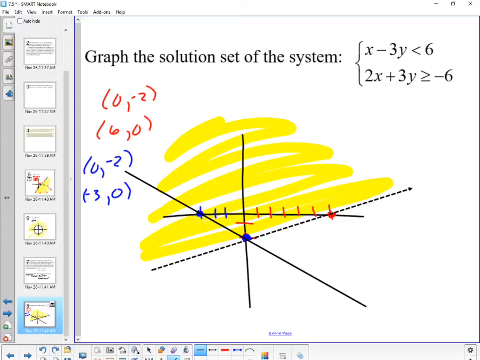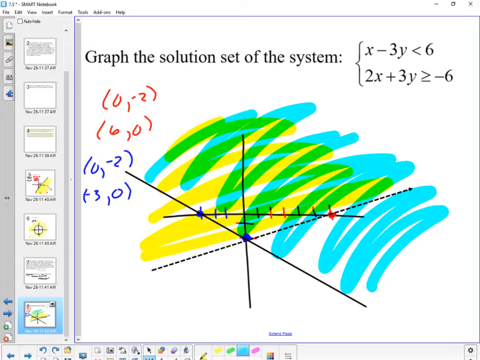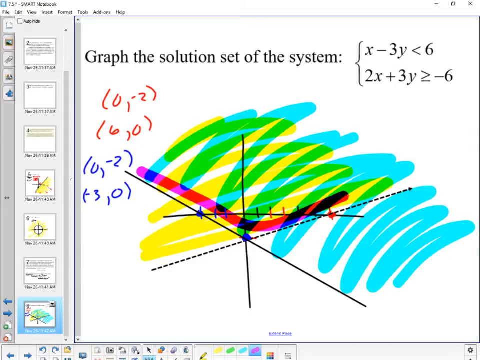Is 0, 0 greater than -6? Yes. So, where's my solution? It's in the overlap. Yeah, the overlap, right here.